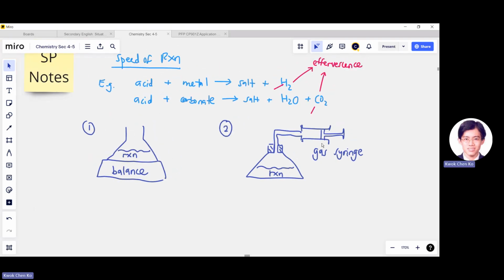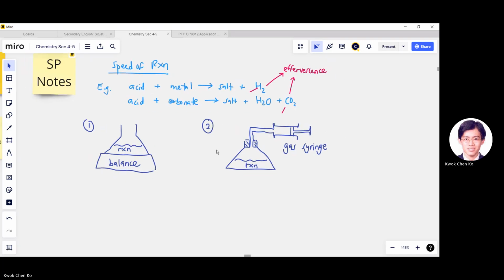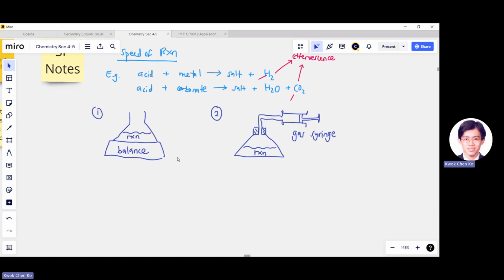Now, two possible setup. Either one or the other. Now, since I'm talking about speed, you will be measuring something with time. Distance. What distance or what? This is not kinematics. There's no distance here, so huh? No, actually, I already give you the answers, right? Balance. So what does a balance measure?